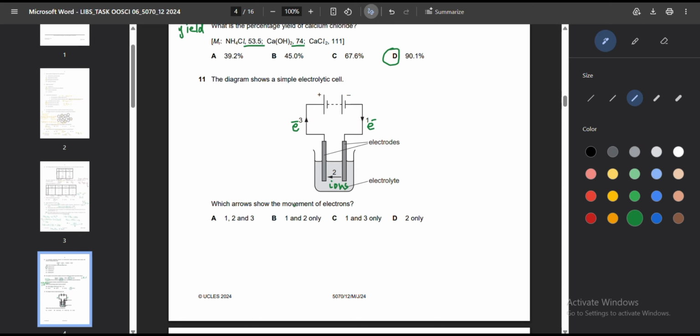So which option is the correct one? It is option 3, because they have asked which arrows show the movement of electrons. So 1 and 3 are showing the movement of electrons through the wire.